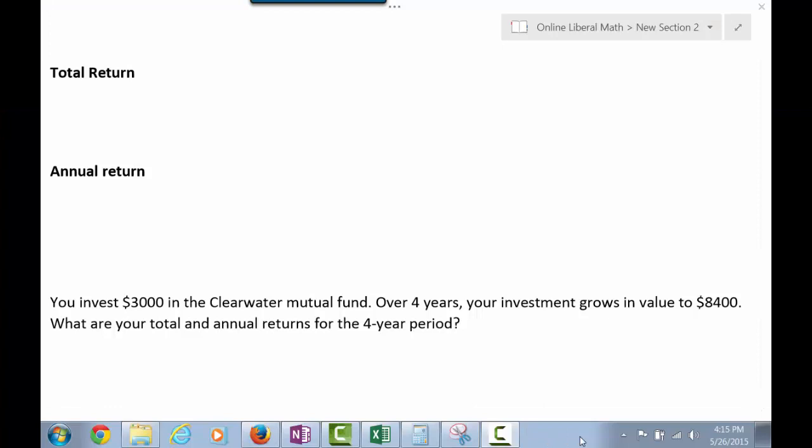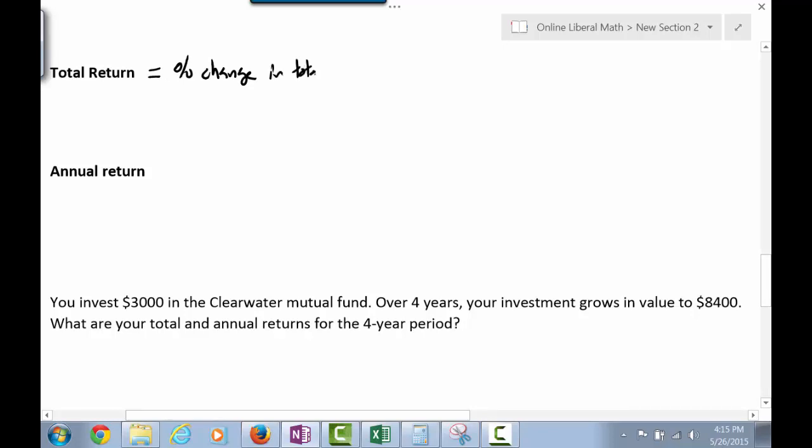Okay, so let's talk about total return. Let's think about an investment that grows from an original principal to a new accumulated balance. The total return is the percent change in the total investment value.